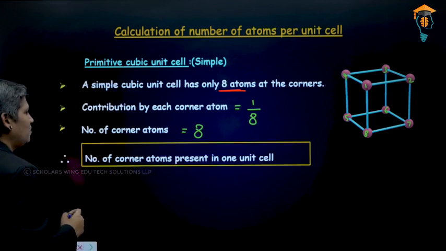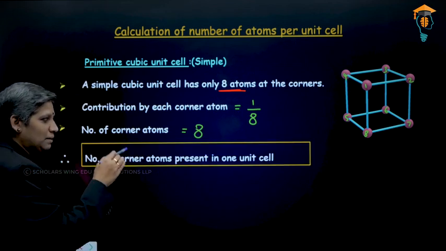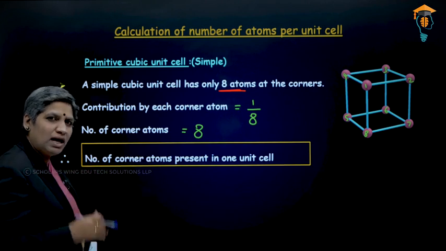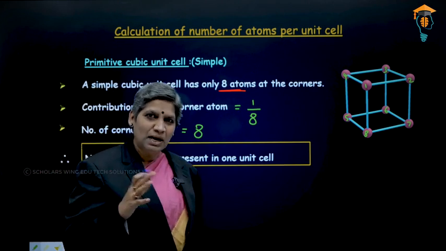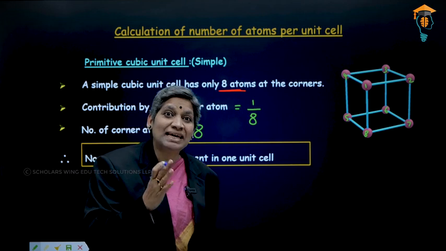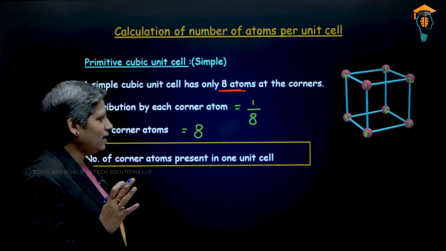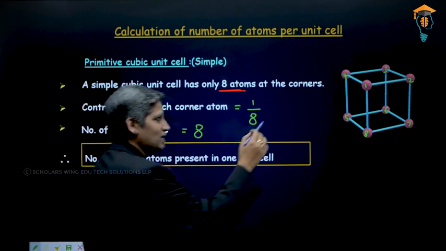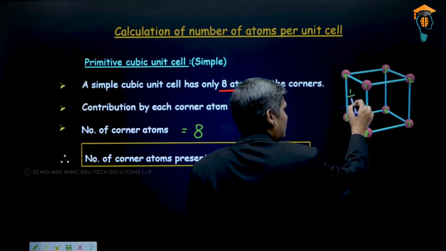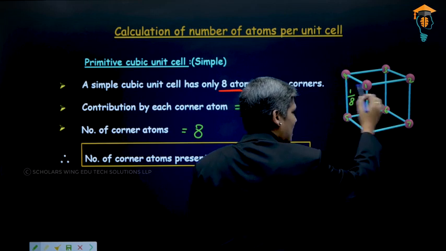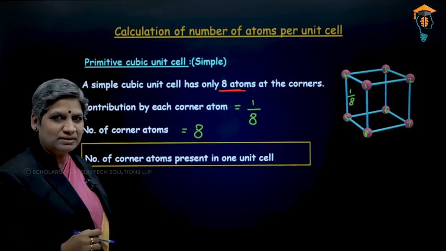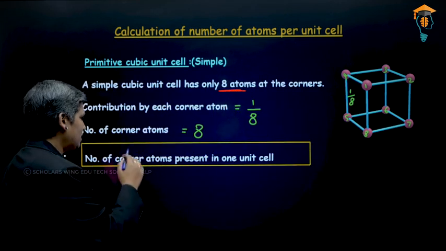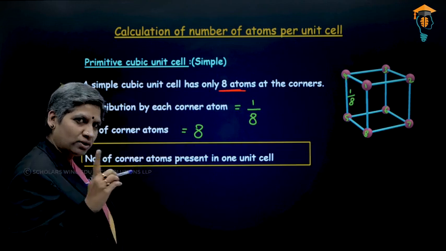Therefore, what do you think is the number of corner atoms present in one unit cell? In other words, how many corner atoms belong to one unit cell specifically? To understand this, it's very simple. If each of the atoms' contribution is 1 by 8 and 8 such atoms are present, obviously, if you multiply both, you will get the number of corner atoms belonging to one unit cell.